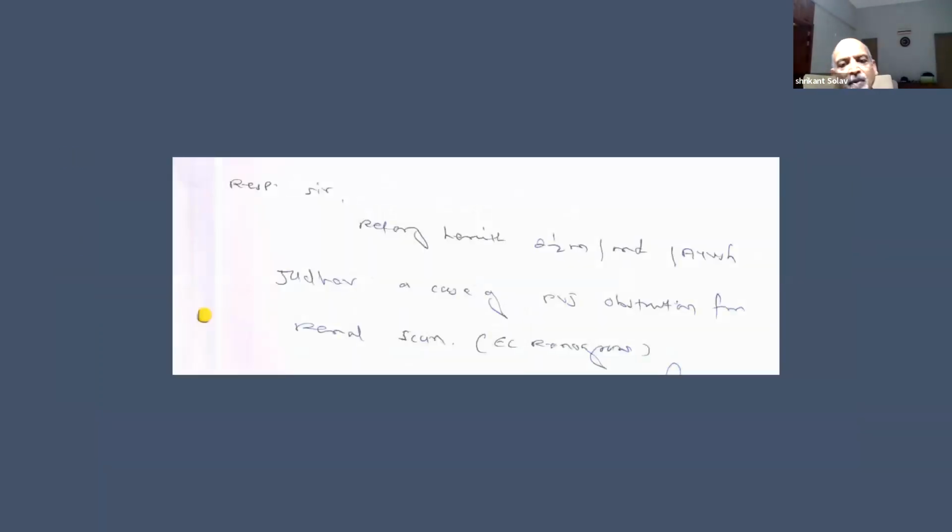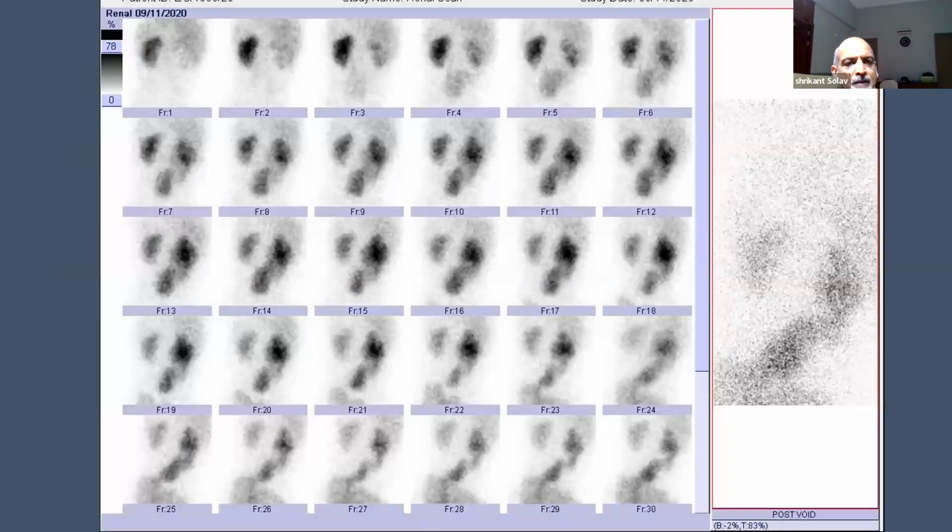Now, here is another example of a child who was suspected to be having PUJ obstruction on ultrasound, and a renal scan was performed. And look at this. The left kidney shows good uptake, but the right kidney is showing subnormal uptake. And as you go towards the later part of the study, there is contamination. The child has voided.